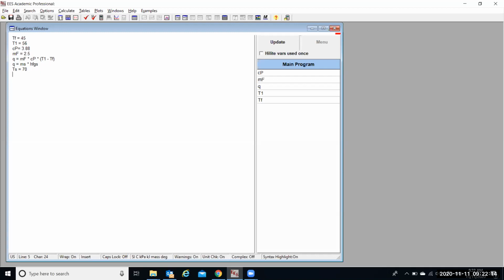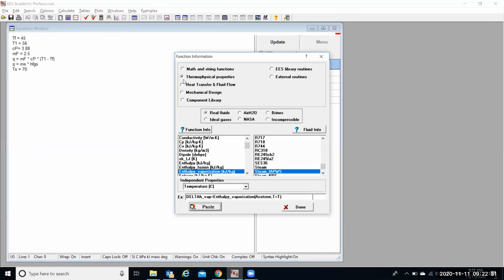Then the value of HFG, normally to get it, you go for thermodynamic tables or maybe property calculators on the internet and get the value of HFG. For us, all you have to do is this: options, function information, and thermodynamic properties. This is what we are interested in. And in the thermodynamic properties, you have a long list of materials here. The one that we are going to use is steam.